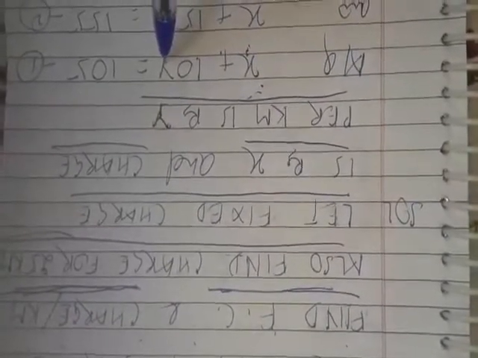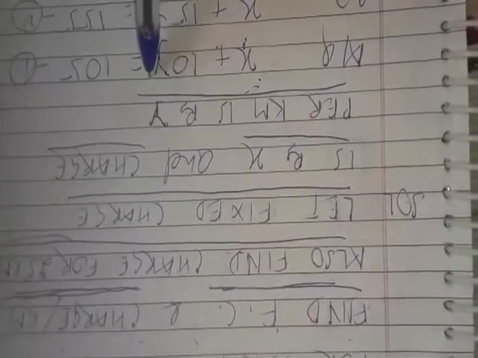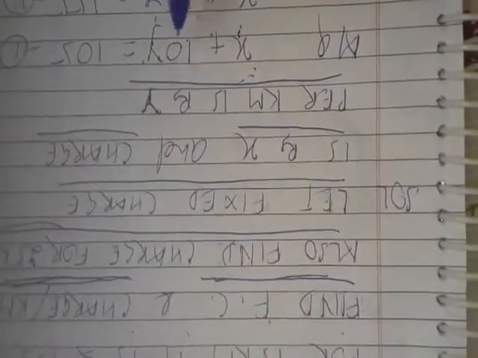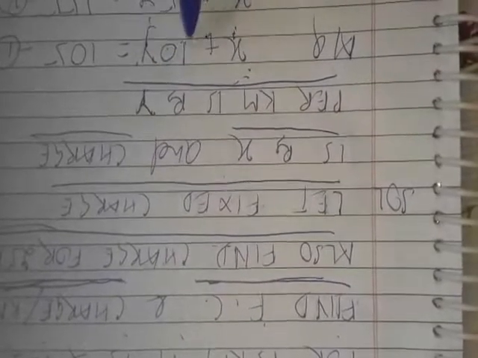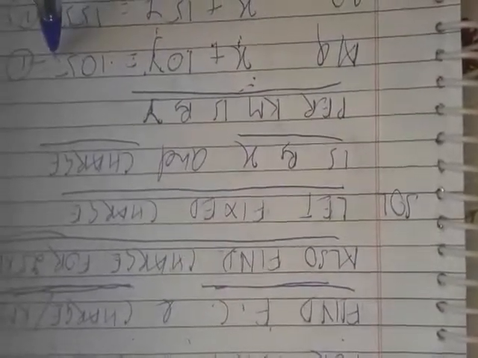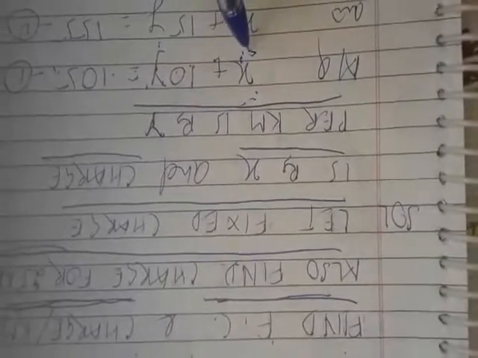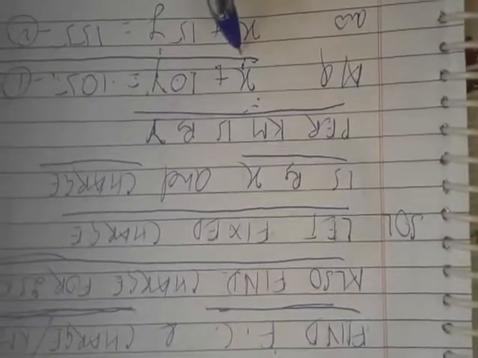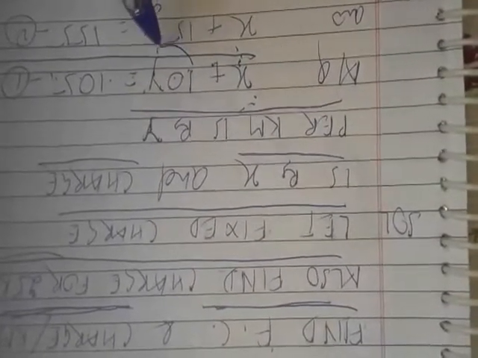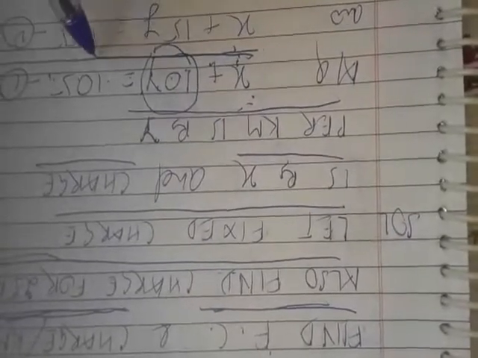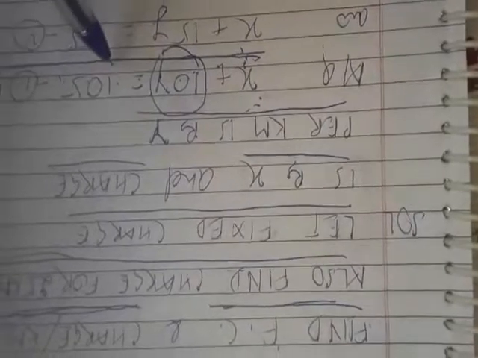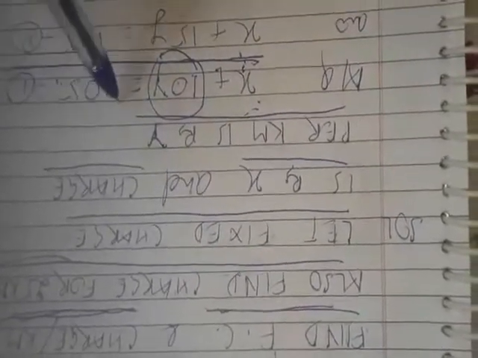Since the charge per kilometer is rupees Y, we have multiplied 10 to Y, which is equal to rupees 105. It is our first equation. That charge plus distance covered of 10 kilometer equals the total fare, rupees 105.